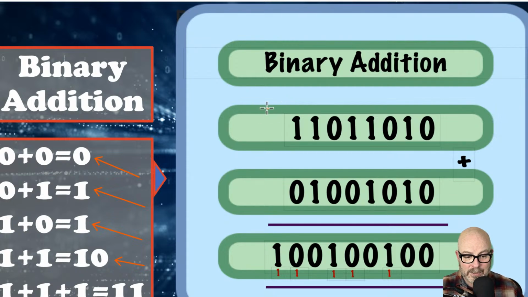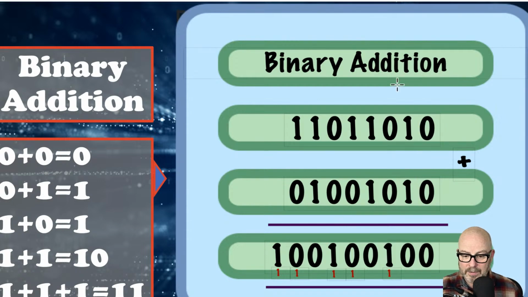In this instance, we have taken this number and we're going to add it to this number here. Got it? I've pre-worked it out, but I'll go through it from right to left so that you are happy with it. On the right-hand side there, 0 plus 0 is 0.